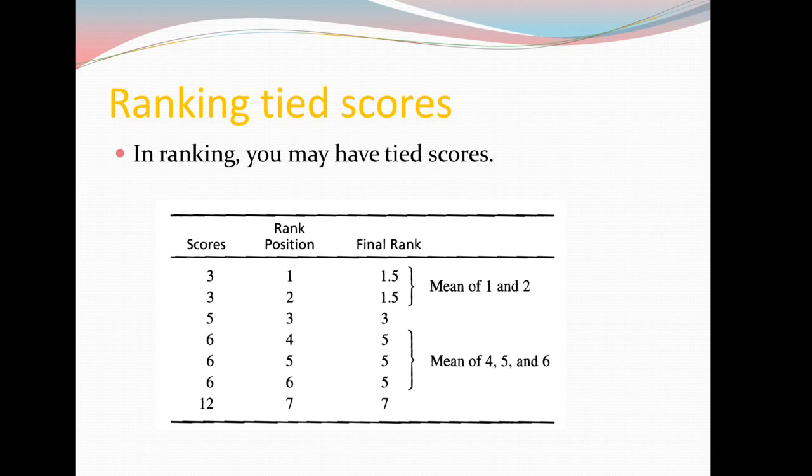In this example, you have 2 scores of 3, and their rank positions are 1 and 2, so you take the mean of 1 and 2 as their rank to use in your calculation of the Spearman R. For the 3 scores of 6, you would take the positions of 4, 5, and 6 and take the mean, which is 5. Therefore you have addressed the influence of tied scores by taking the mean of the ranks and calculating the Spearman R.